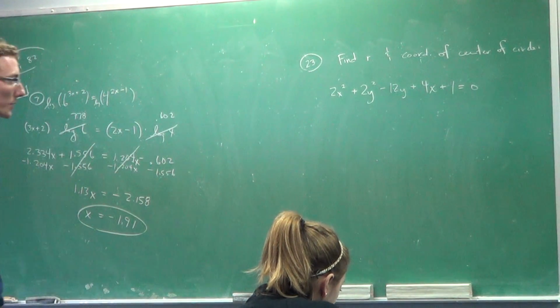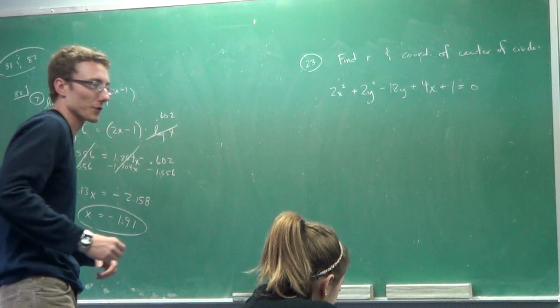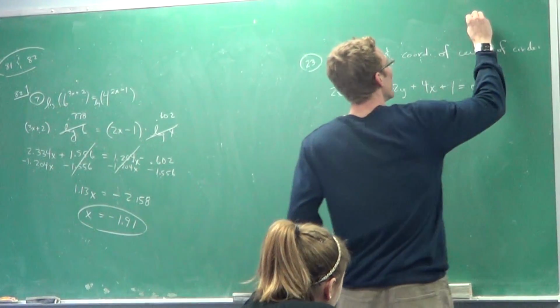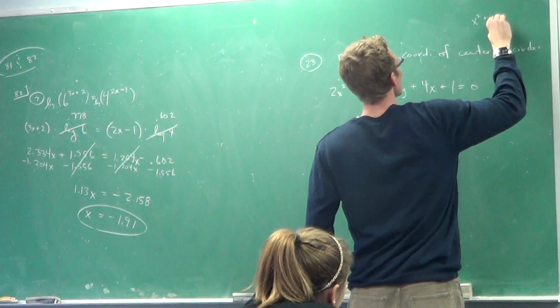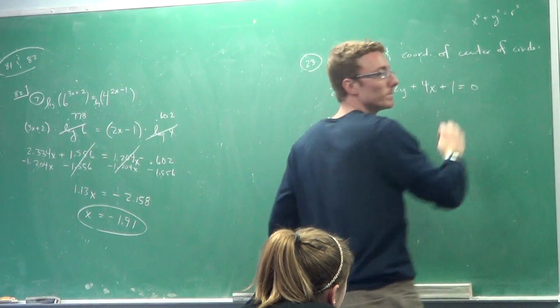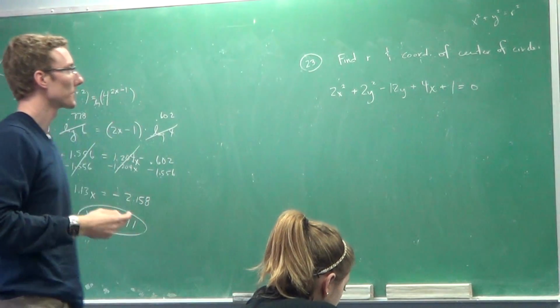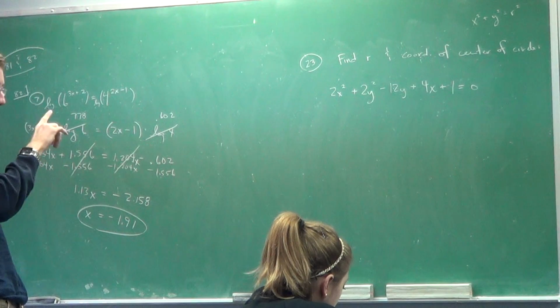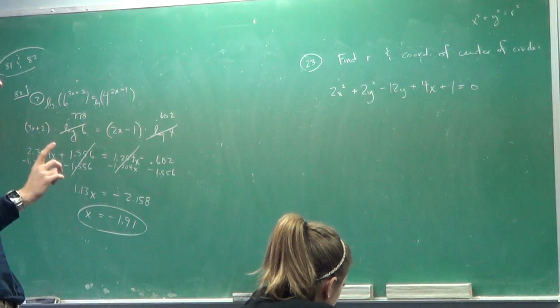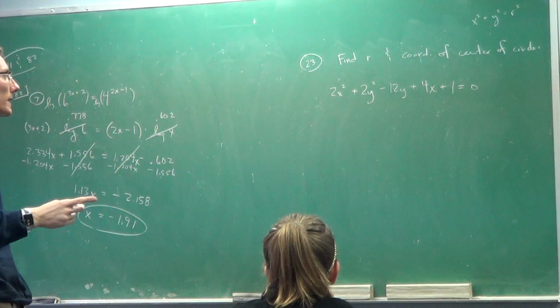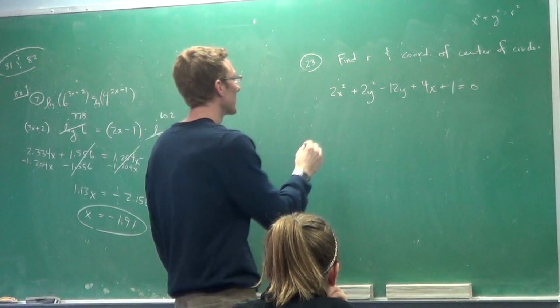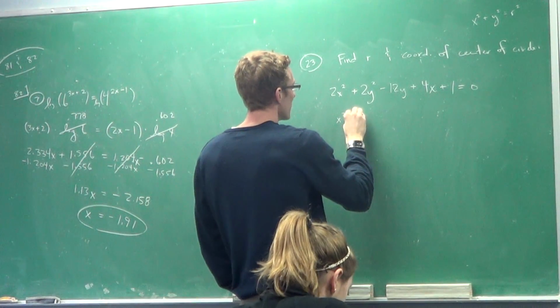So as a first order of business, let's remind ourselves what a circle equation looks like. It's going to be nice, rather than having 2x squared and 2y squared, to have x squared and y squared. So one thing we can do first off is just divide the equation by 2.